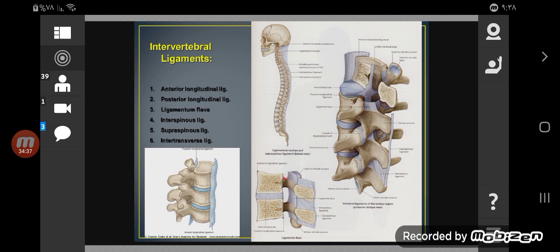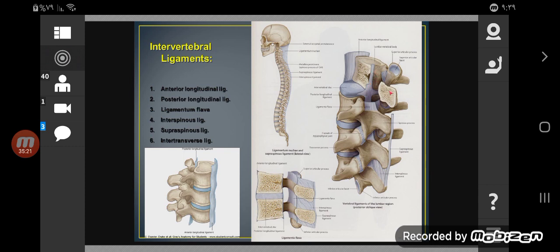The posterior longitudinal ligament attaches to the superior and inferior lips of the body and the intervertebral disc, but in the middle of the body of the vertebrae, the attachment is weak, because you've got this space for the entering basivertebral vein. Because of the presence of the basivertebral vein, the attachment of the posterior longitudinal ligament at this place is lost.